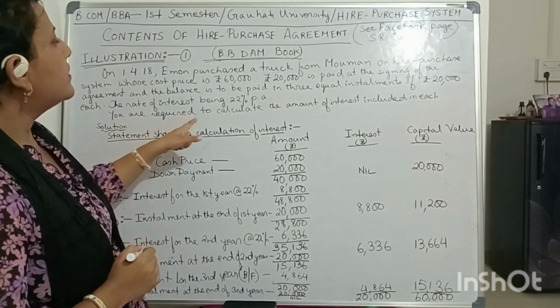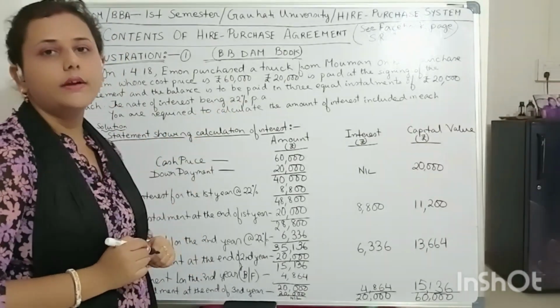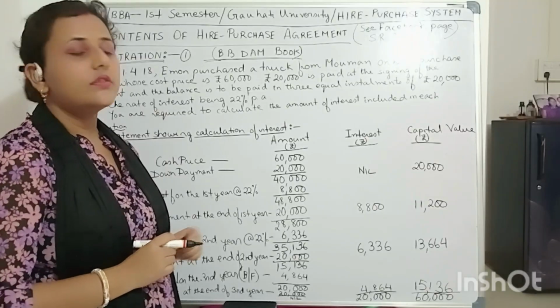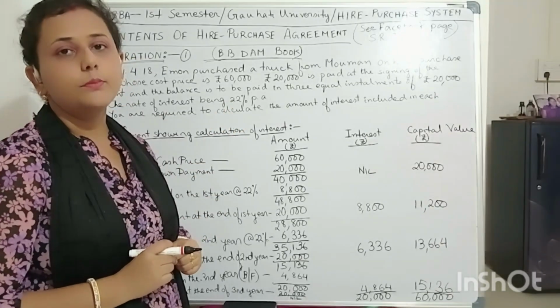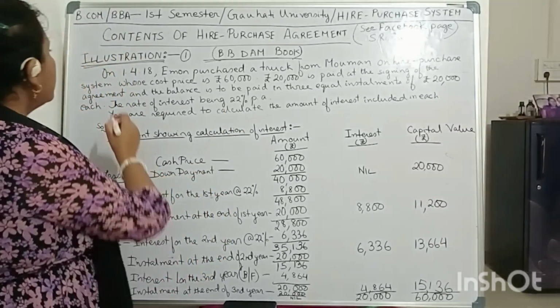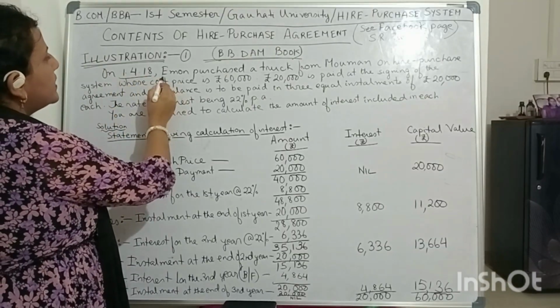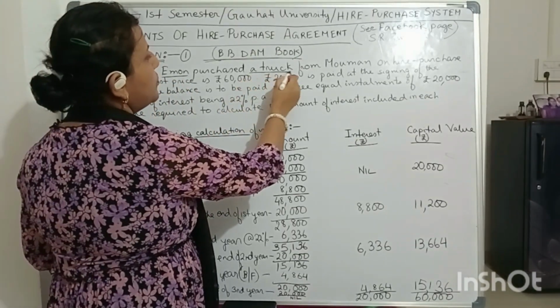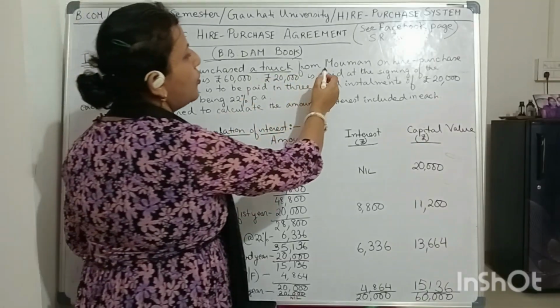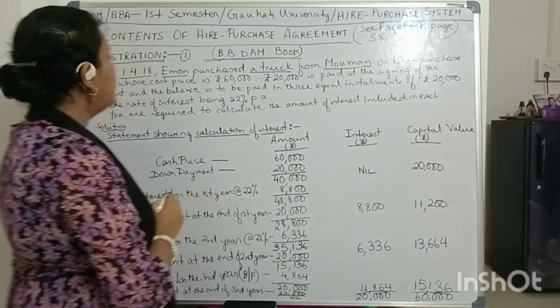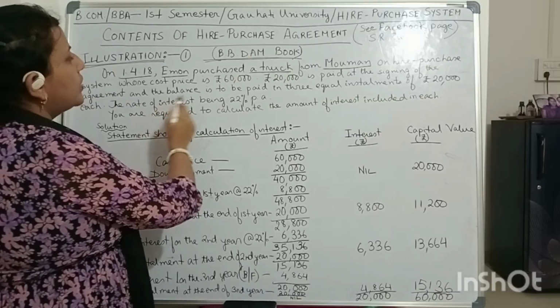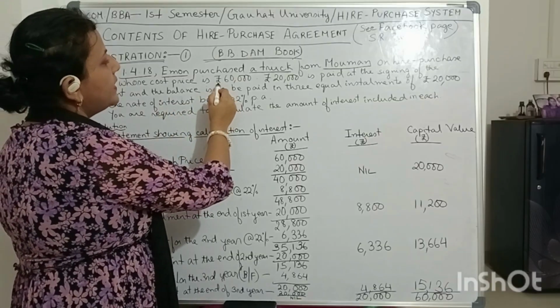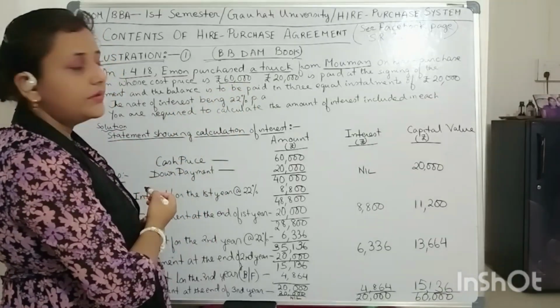The rate of interest is 22% per annum. So on 1/4/2018, Imon is the hire purchaser, who purchased a truck from Moman. Moman is the hire vendor. The cash price is rupees 60,000.